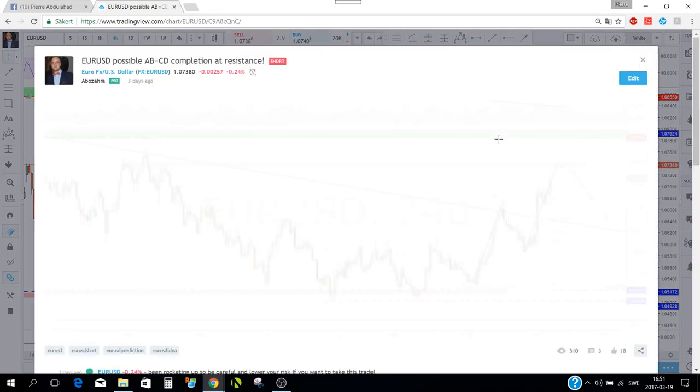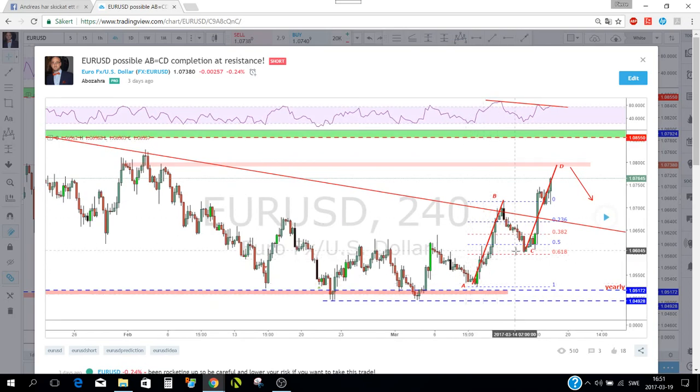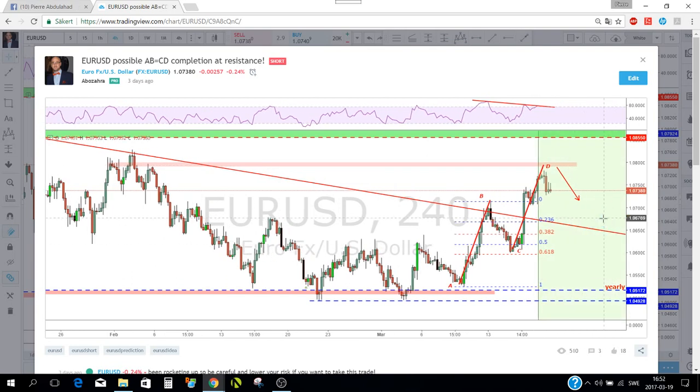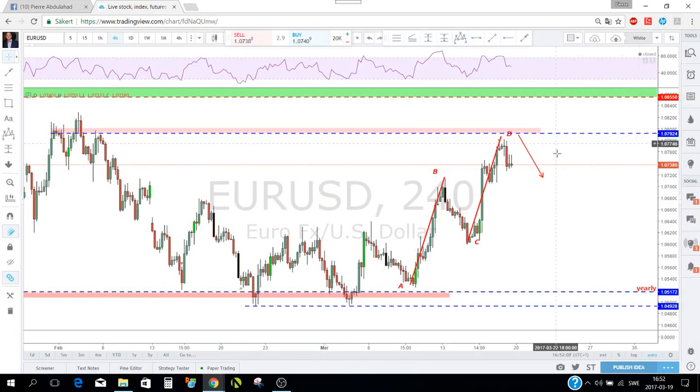I did publish this idea about an AB equals CD completion up here, and it did give us a little bounce to the downside. I entered this trade a little bit late, so I made some pips on it, maybe about 25-30 pips.